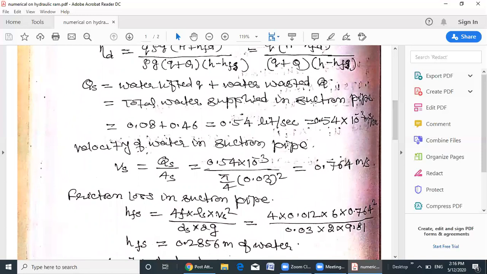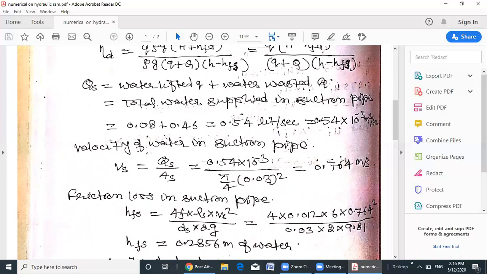Total water supplied in the supply pipe becomes 0.08 plus 0.46 is equal to 0.54 liter per second, is equal to 0.54 into 10 power minus 3 meter cube per second.